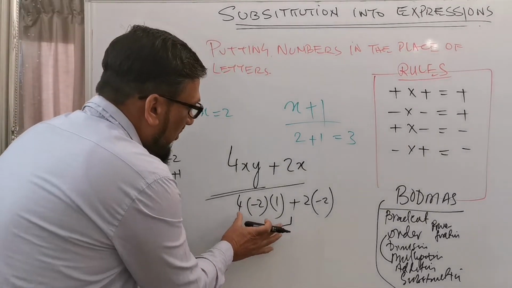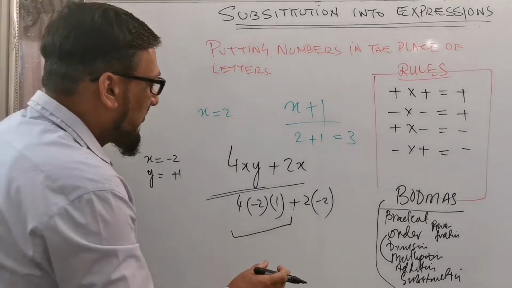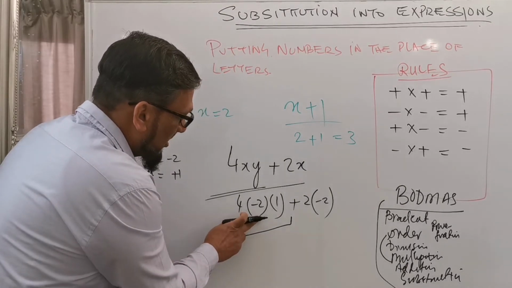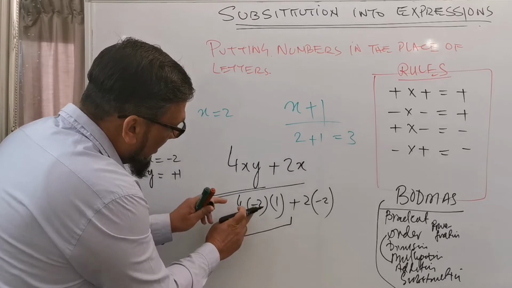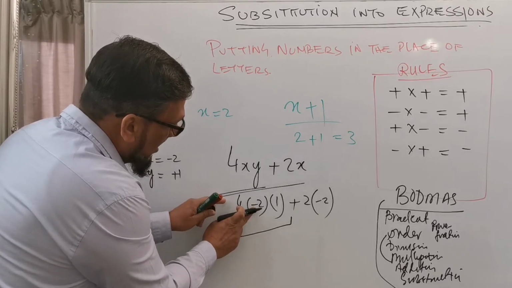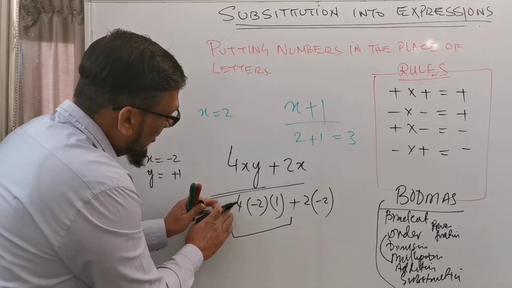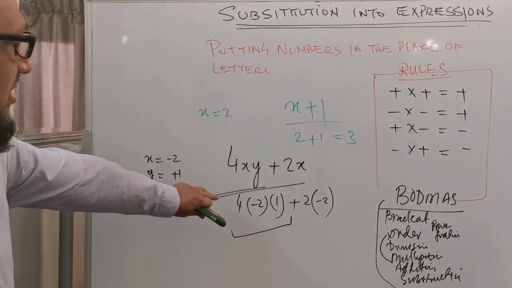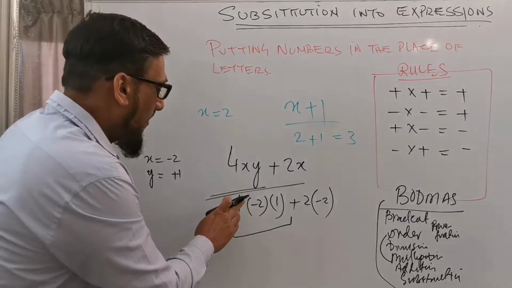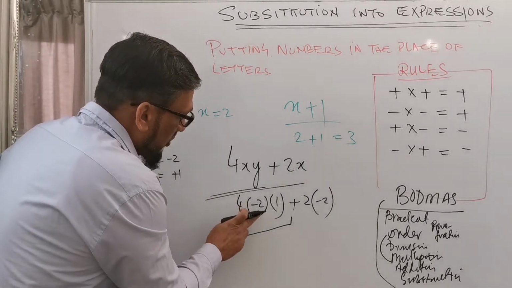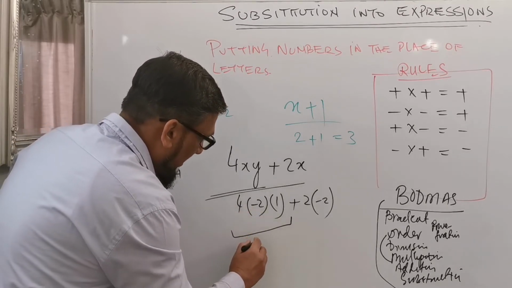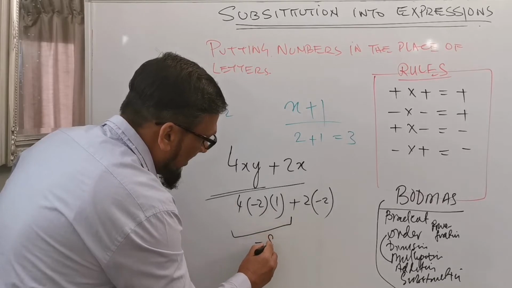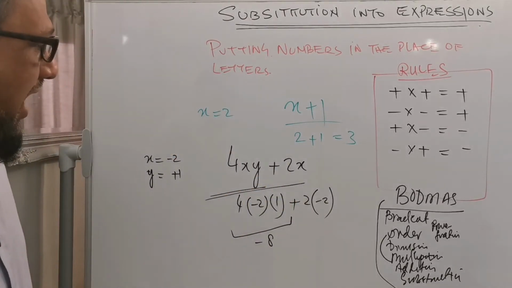Here, 4 times 2 is 8, but look, the sign is minus. The plus is not written there, so we assume the plus. So 4 times 2 is 8, plus times minus is minus, so 8 times 1 is minus 8.